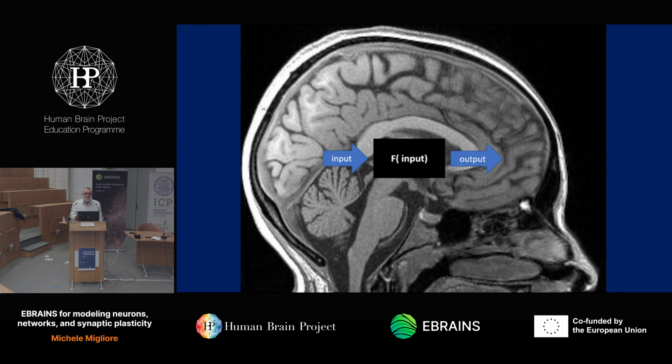In our case, what we want to do is open the box and look inside, study the components, how they work in isolation, how they work together, how they are connected, how they evolve with time, in such a way that we can have much deeper information on how the box works.